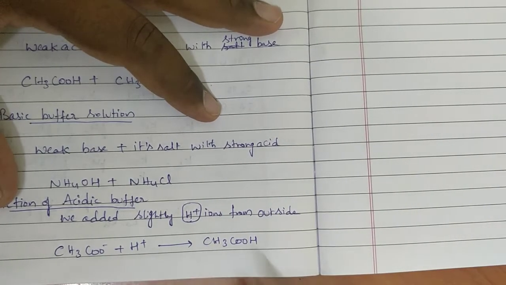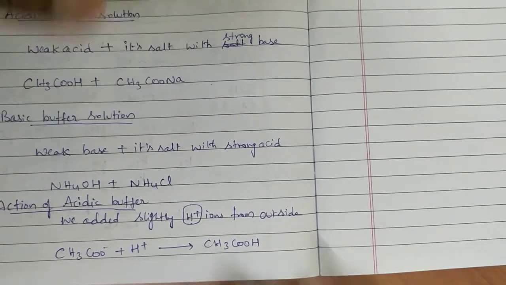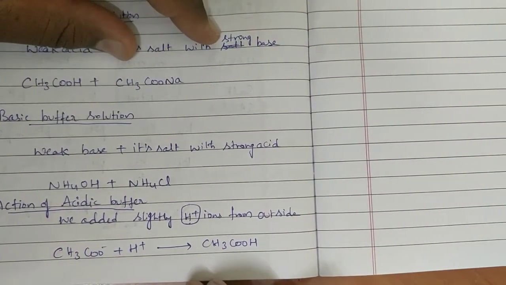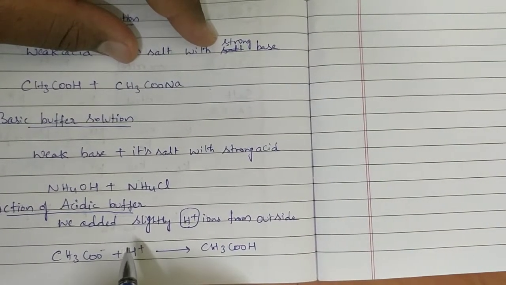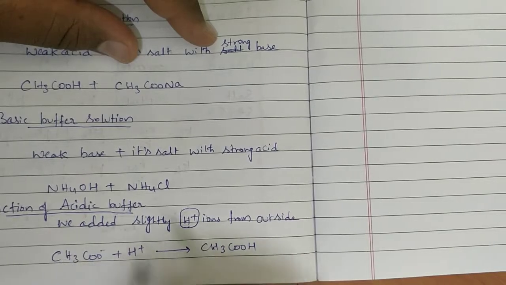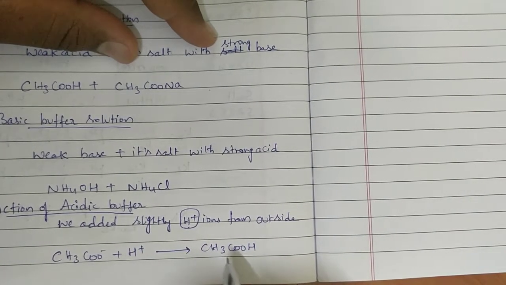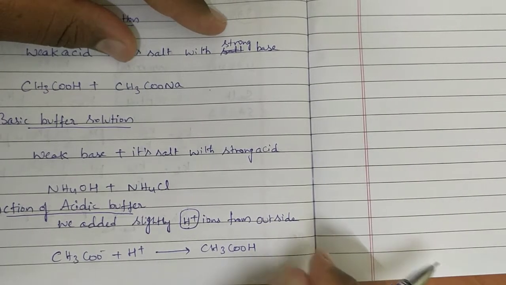If the H plus ions we added have reacted to form CH3COOH, we will observe no change in pH. Only if H plus ions remain will we see a change in pH. But whatever H plus ions we add will react with CH3COO minus to form undissociated CH3COOH. That's why there is no increase or decrease in pH.